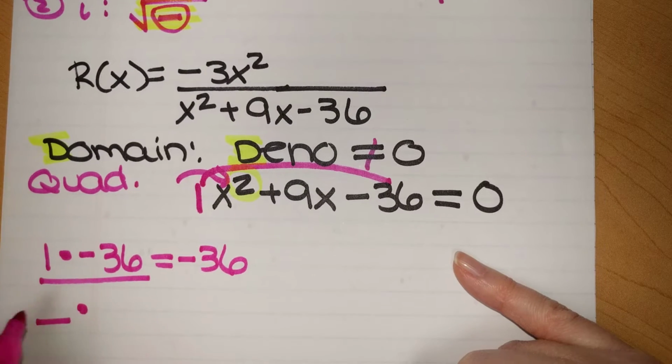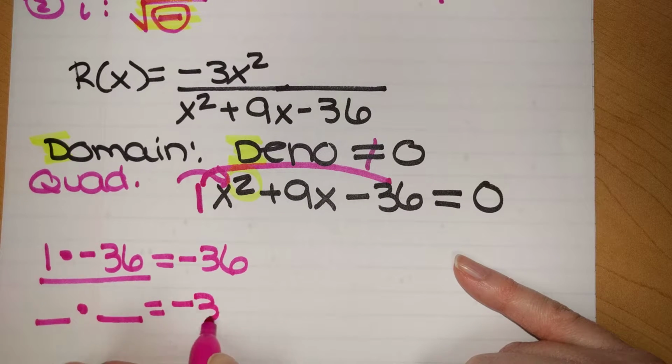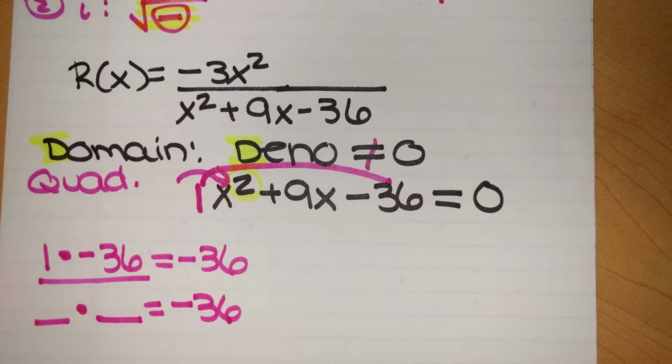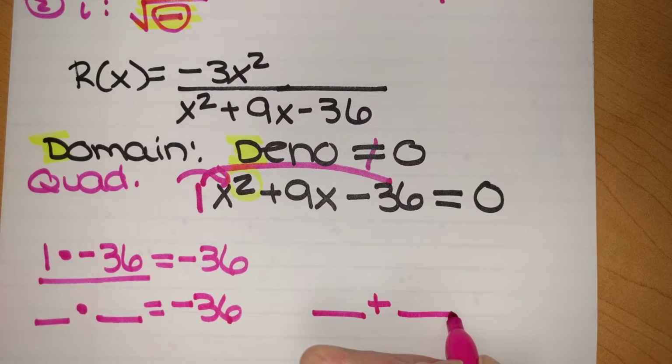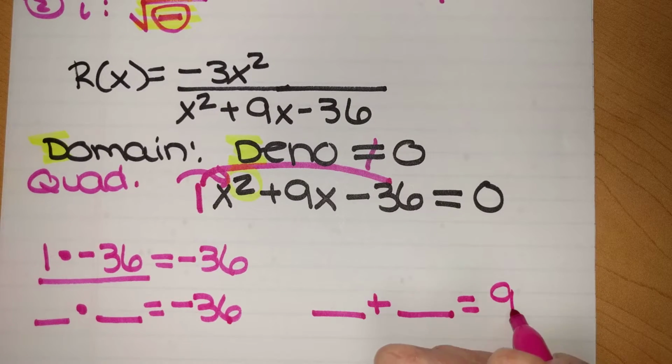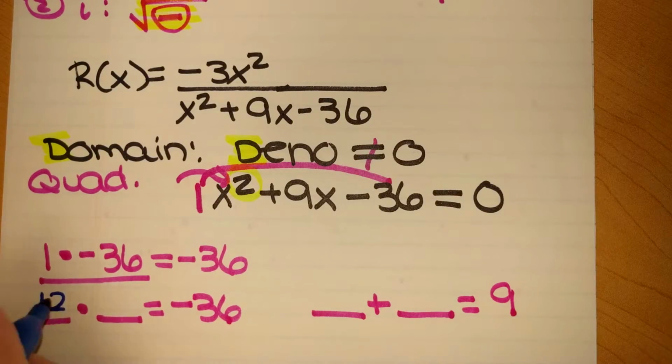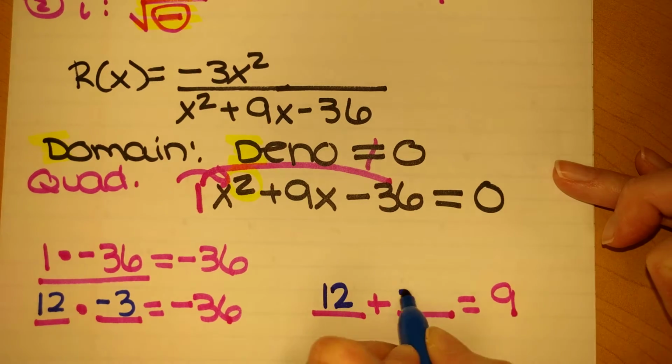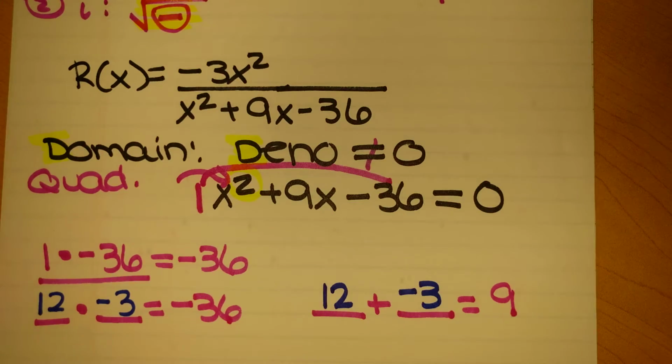We need two numbers that multiply together to give us negative 36 and sum up to give us positive 9. You might have to work to get to this, but eventually you're going to see that a positive 12 and a negative 3 multiply together to give you negative 36, and added together give you positive 9.